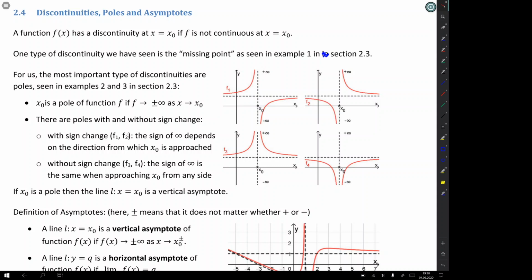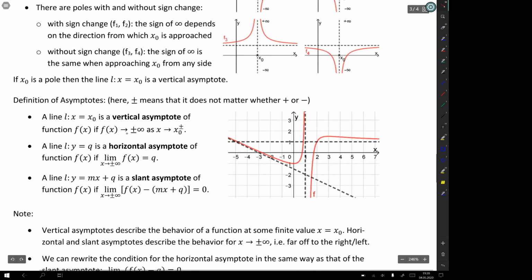If we have a pole at the value x0 here, then we have a vertical line x equals x0 that is a vertical asymptote of the function f. The definition of the asymptote, and when we write plus minus, we also mean it's sufficient that one of the two is true.